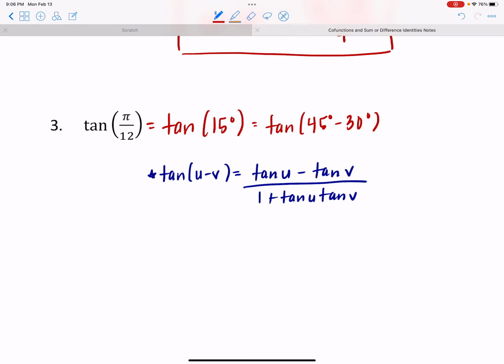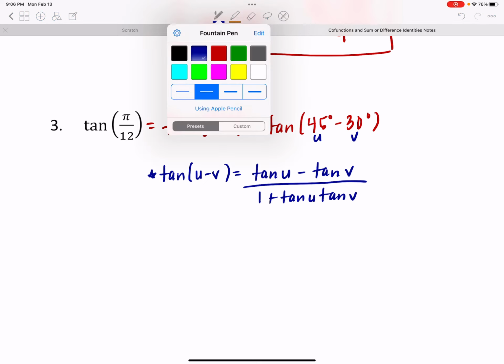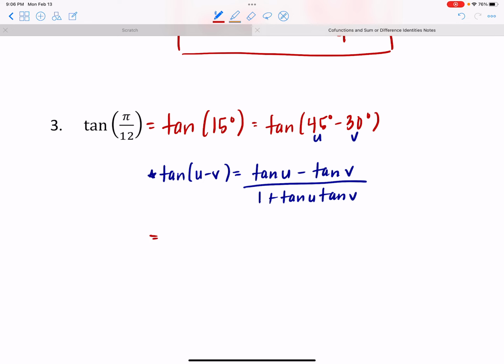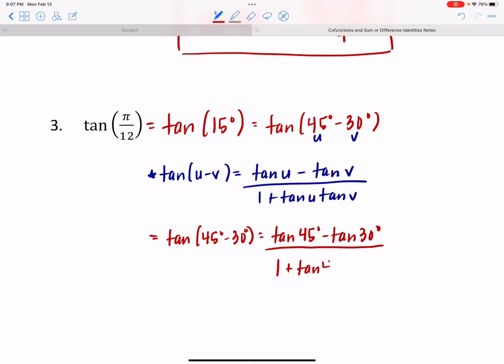We're going to plug in 45 for u and 30 for v. So for our problem, the tangent of 45 minus 30 is going to be equal to tangent of 45 minus tangent of 30 divided by 1 plus tangent of 45 times the tangent of 30.